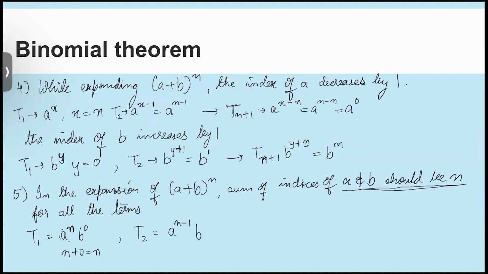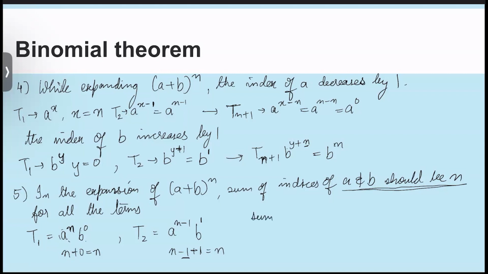So what would be b? For addition, n minus 1 and something plus something will have to be n again. So this minus 1 plus something will have to be 0, so that is 1 itself. Again, this is being followed. For every term, the sum of indices will turn out to be n plus 0 equals n.